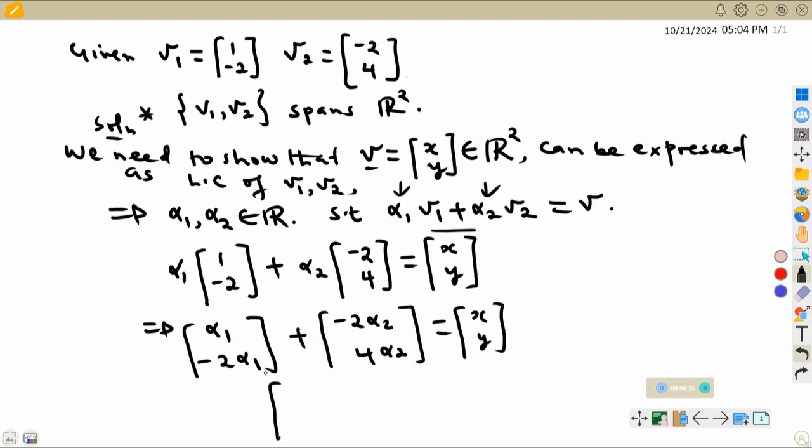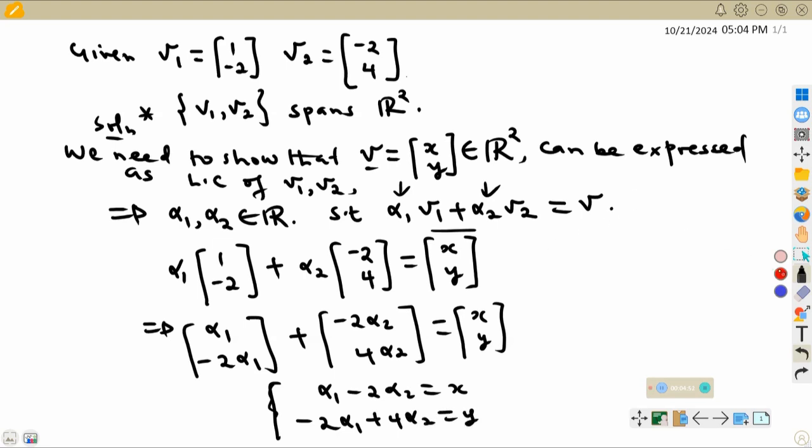So we can have this as a system: alpha 1 minus 2 alpha 2 equaling x, and -2 alpha 1 plus 4 alpha 2 equal to y.